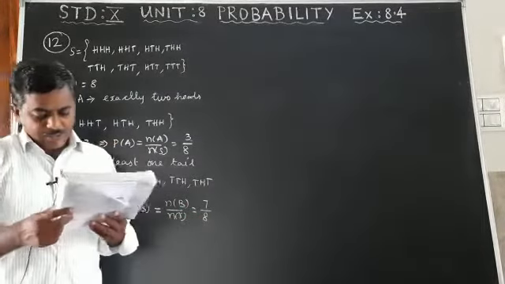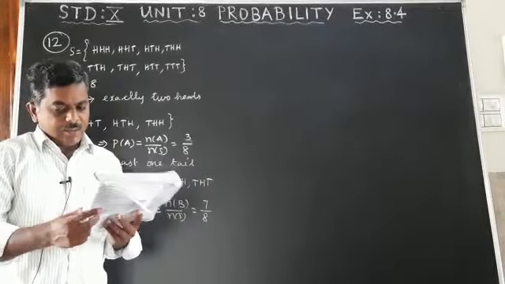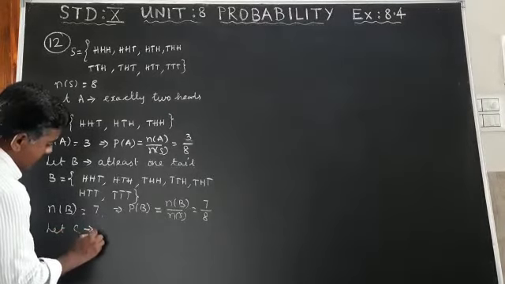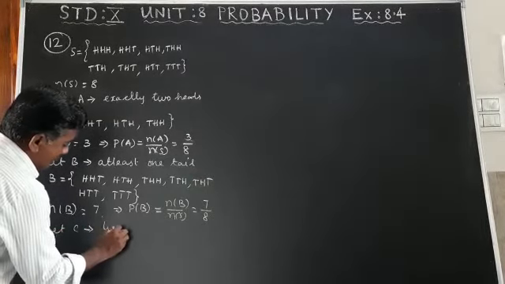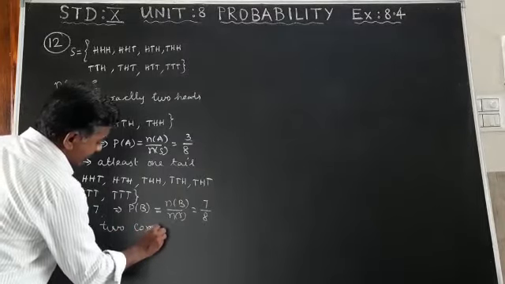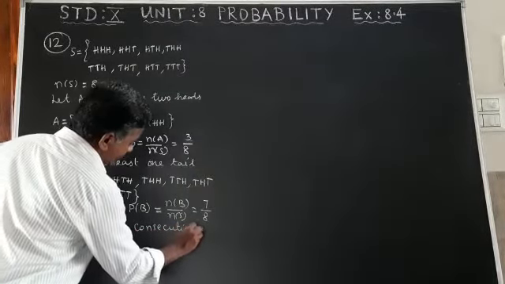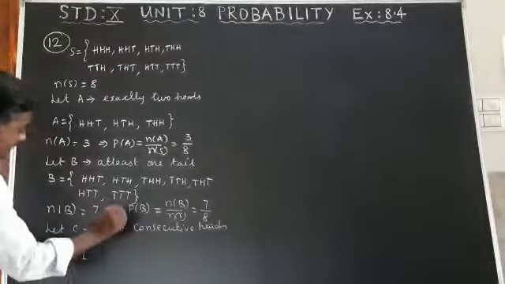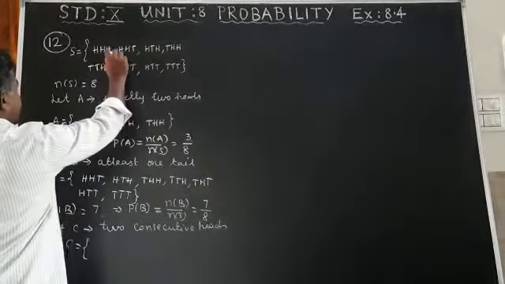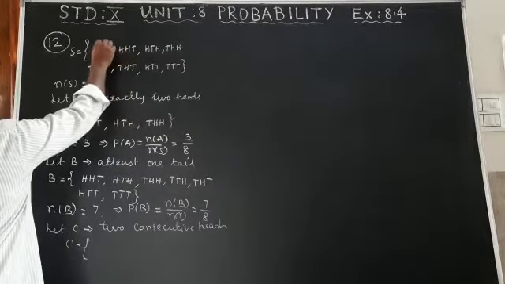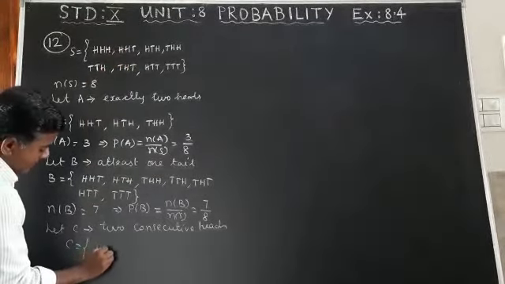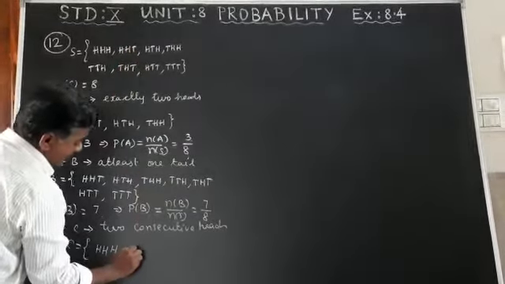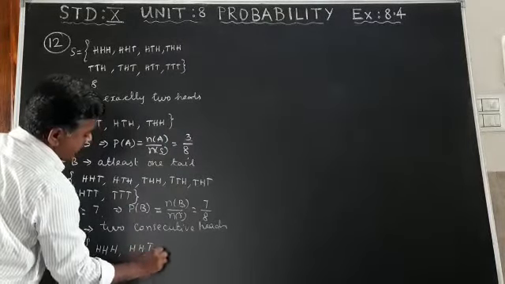Next, the third event is two consecutive heads. Let C be the event of getting two consecutive heads. Then C is equal to HHH, two consecutive heads are there. HHT, two consecutive heads are there.